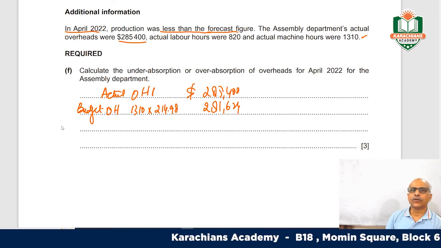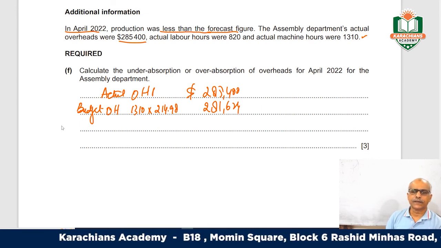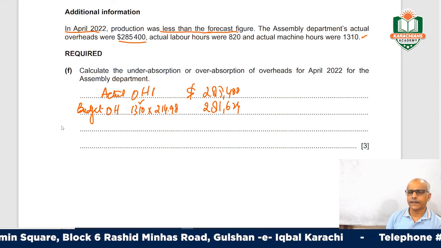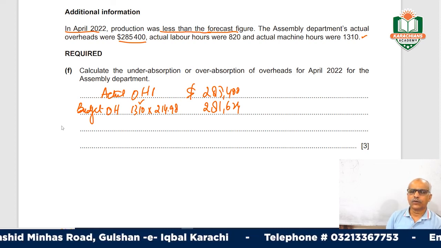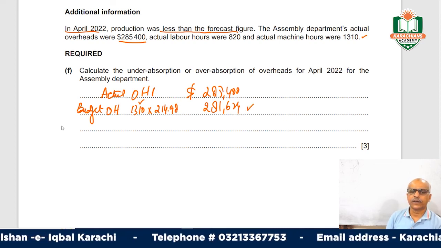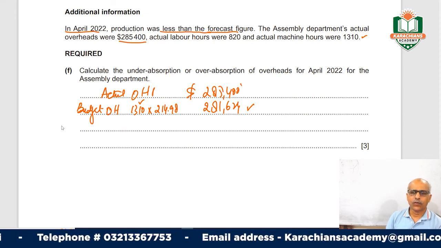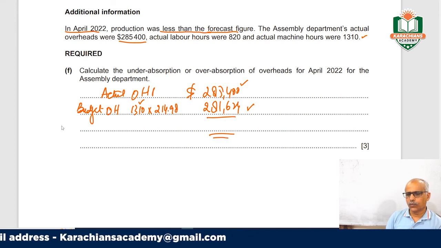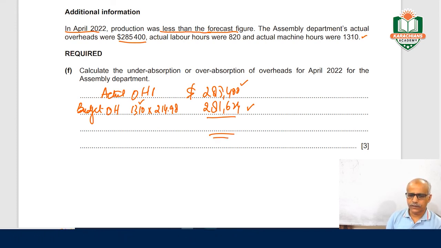Okay guys, so what has happened here? Based on their budgeted figures, if they work for 1310 hours, they were to spend 281,000, but they have overspent it. So this means under absorption.